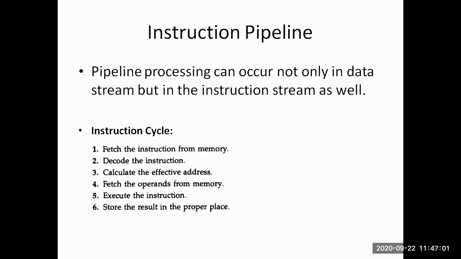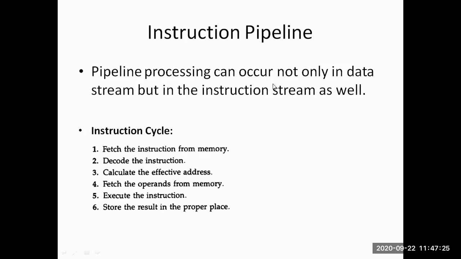But it also does another job, that is execution of instructions. It will read instructions from the main memory one by one, and then those instructions will be executed by the processor.